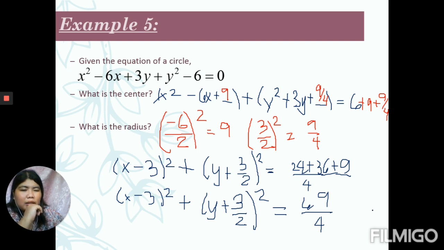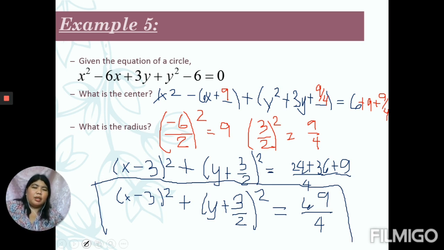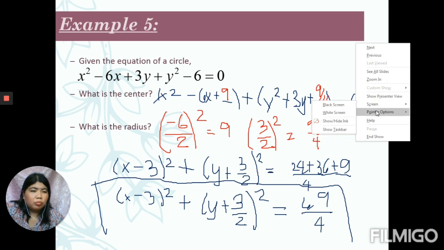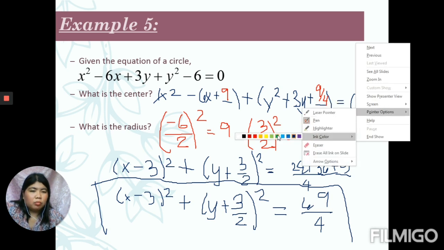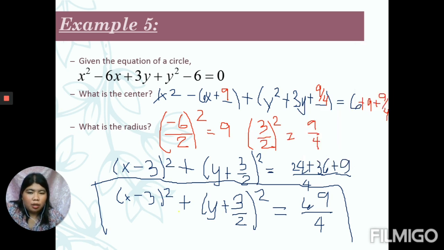Kung mapapansin natin, naka-standard na siya. Ito na yung standard form natin. Makukuha nyo na dyan yung center and the radius. Ang center natin ay, mula dito, positive 3 and negative 3 over 2.